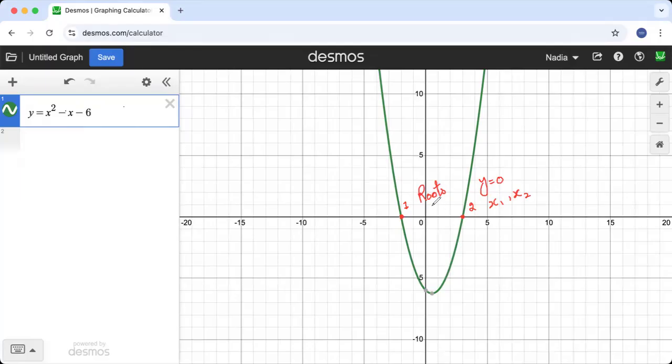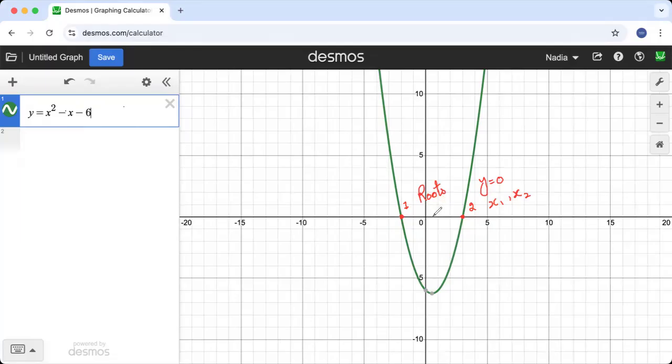If we move it more, it will go above the x-axis, and then there will be no roots of the parabola. But this is not exactly true, because we can still have roots, but those roots will be complex. So we must say that in that case, there are no real roots.